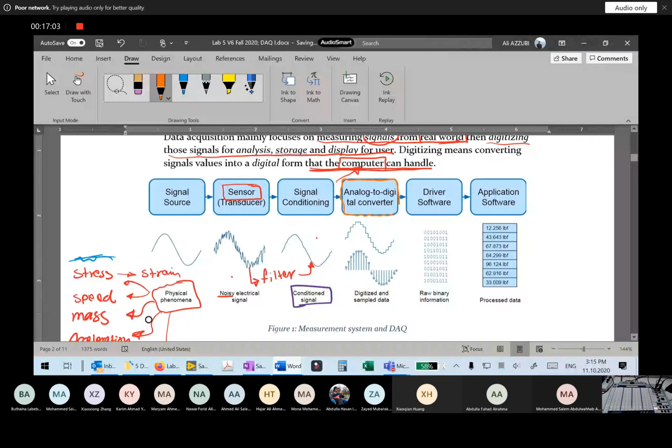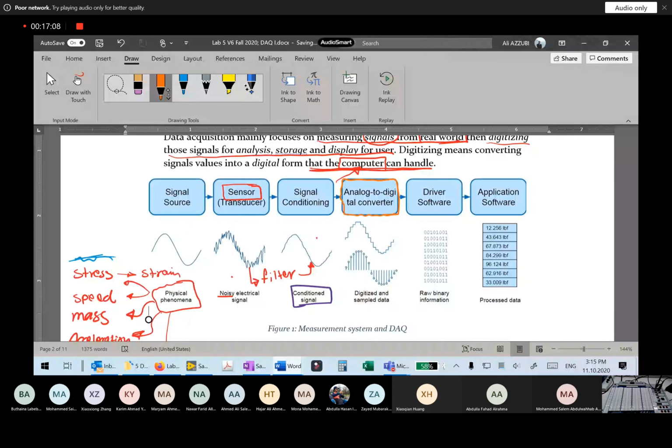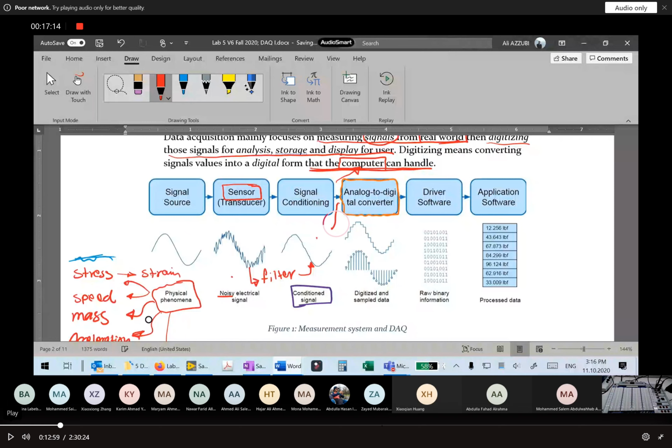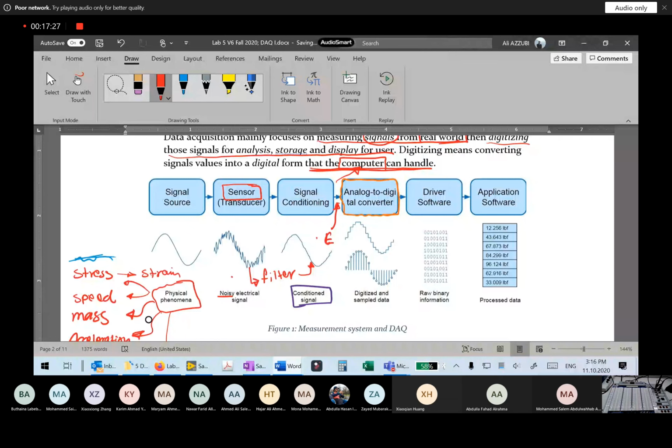Simply, the analog to digital converter will take a signal from here, which is usually electrical, with the letter E like this, and it will convert it to a form that I can see here.